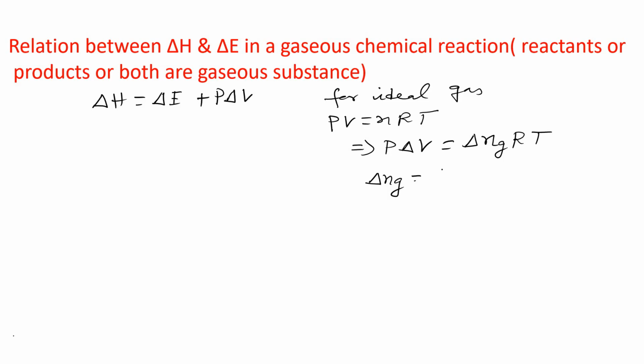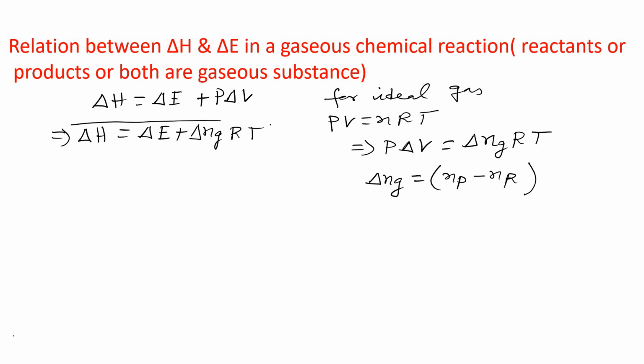So delta Ng is equal to Np minus Nr. Now if we put it in this equation, then delta H will be equal to delta E plus delta NG RT. So this is the relation. Delta H is equal to delta E plus delta NG RT. Right?